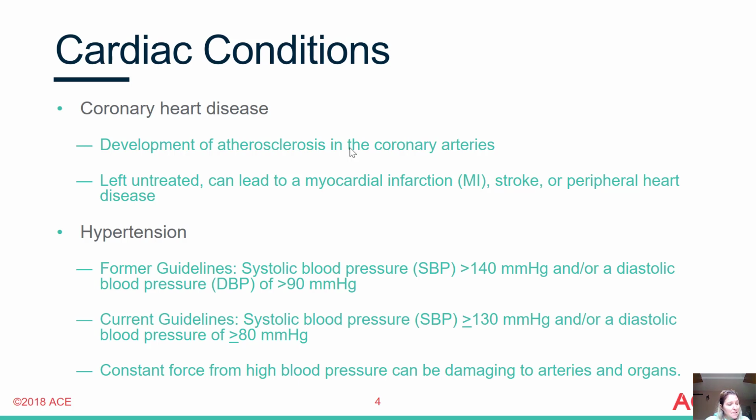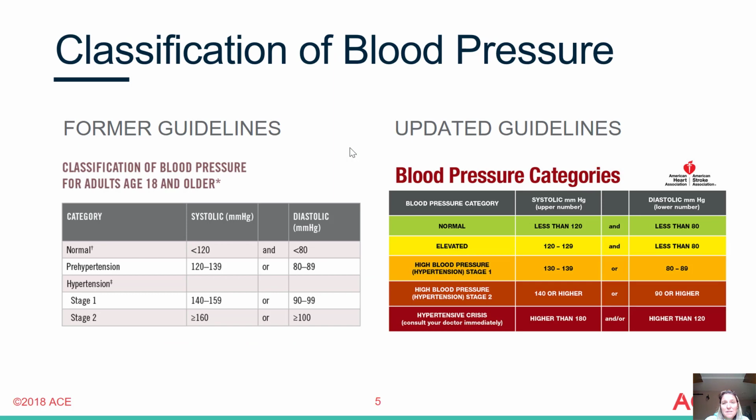As far as the other cardiac condition we see, that's hypertension. Note that the guidelines have changed. You can see on this slide that the former guidelines are a little different from the new American Heart Association guidelines. Due to these new guidelines, millions more Americans are going to be diagnosed with elevated blood pressure.